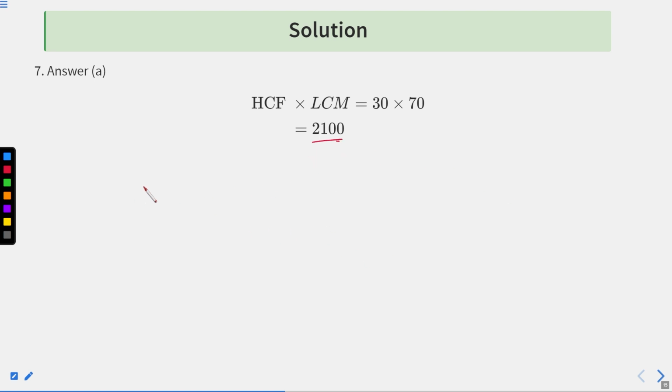So here basically we use this result: HCF of A, B times LCM of A, B is equal to A into B. Okay, so use this result.